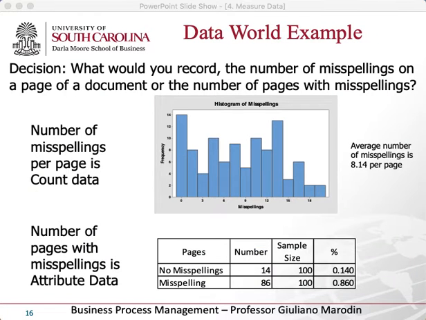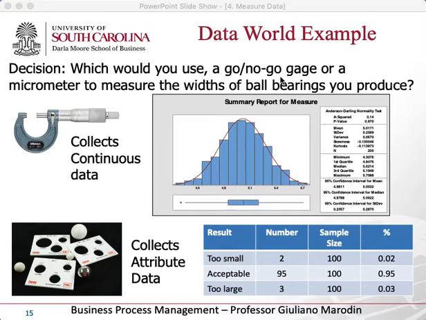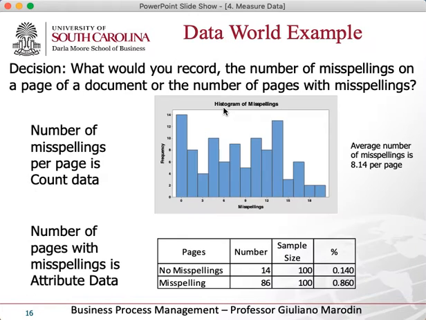So this is another example, so we understand the difference between count data and attribute data. In this case, we're counting the number of misspellings that occur on a page. So let's say we have pages here from 0 to 18. Different numbers of misspellings can happen. This is the frequency that they happen.